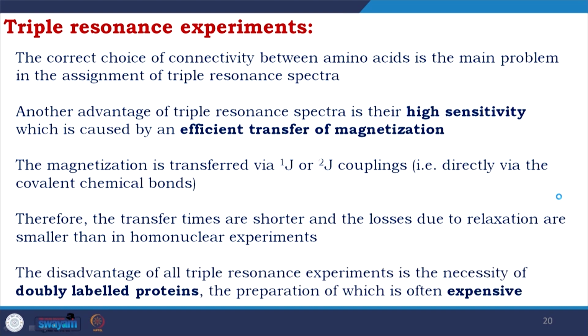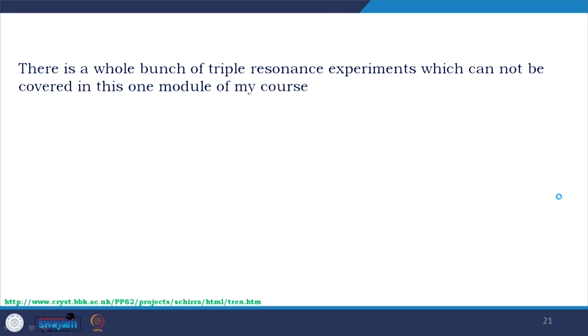The disadvantage of all triple resonance experiments is the necessity of doubly labeled protein, the preparation of which is often expensive and challenging.